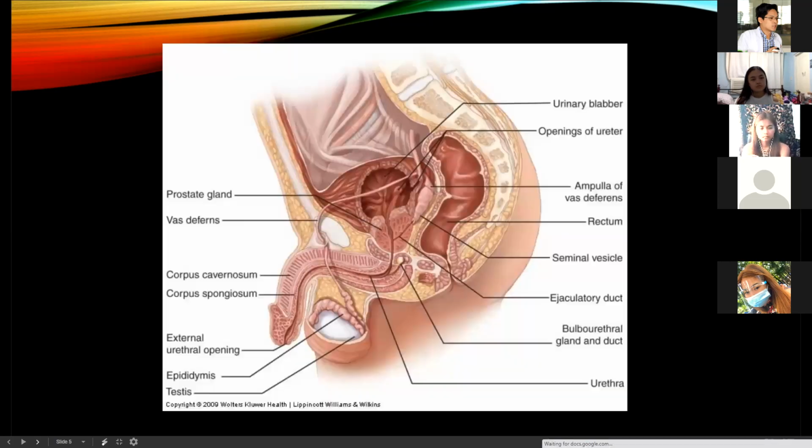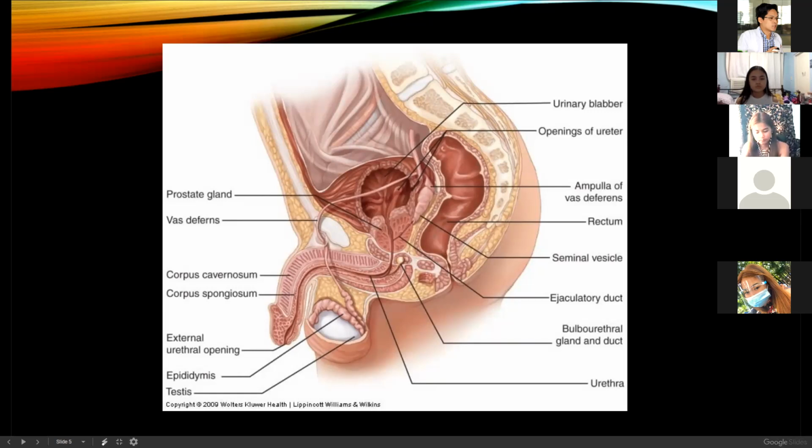Okay, these are now the parts of the male reproductive system. The unique characteristic of the male reproductive system is that it is actually joined with the urinary system.